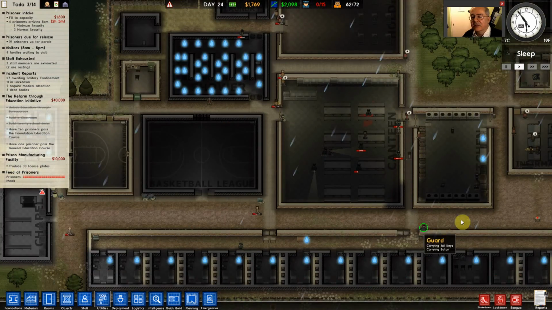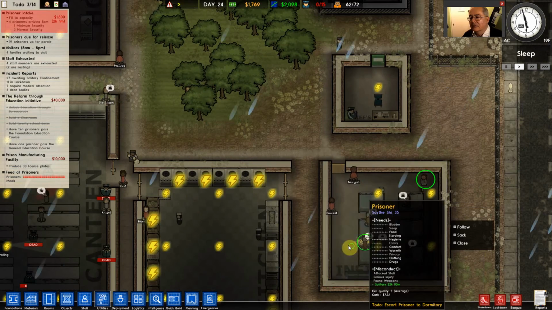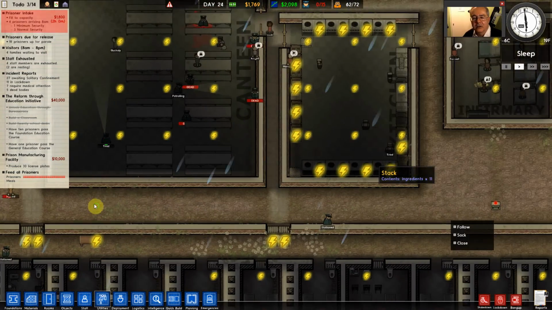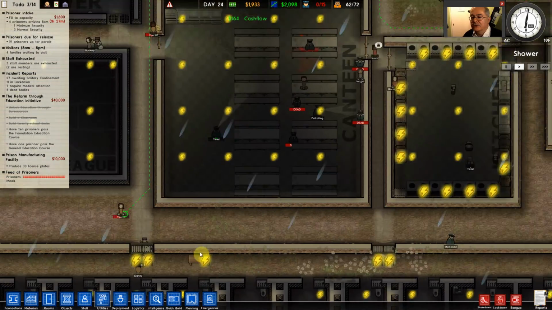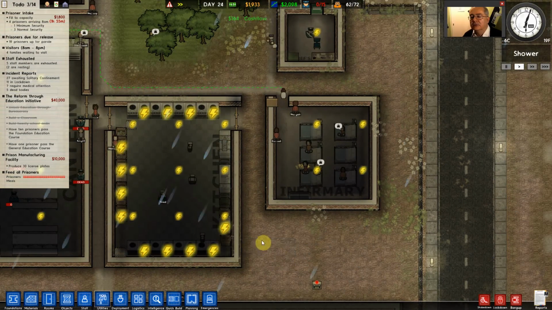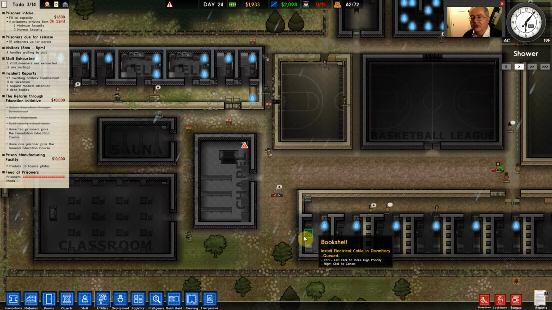Still have someone there injured. Where are my doctors? I need another doctor. Are they still wandering around looking for bodies?